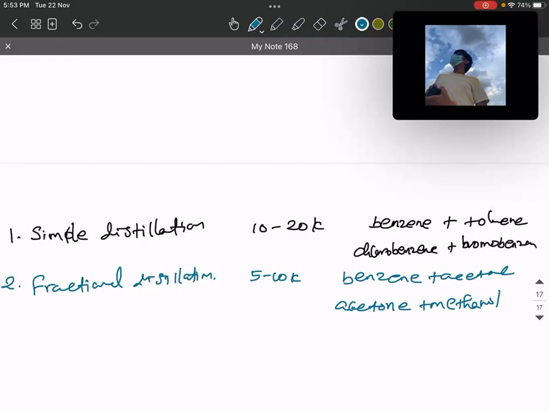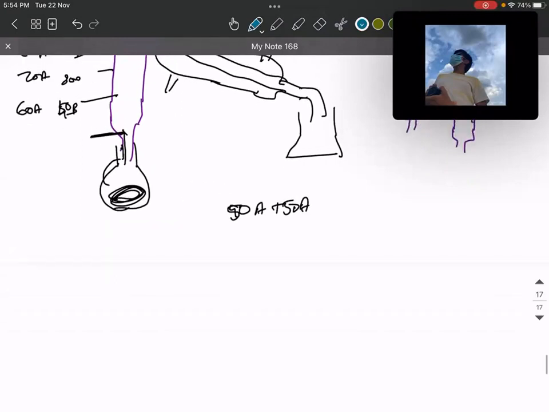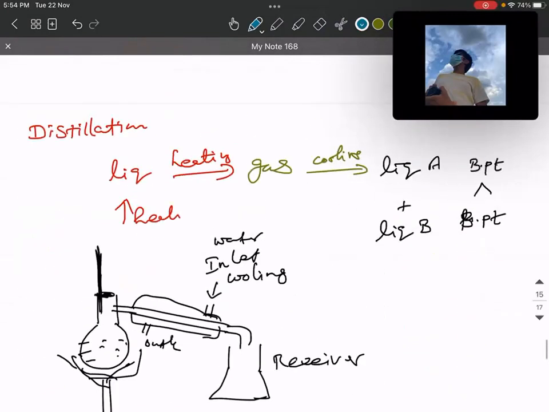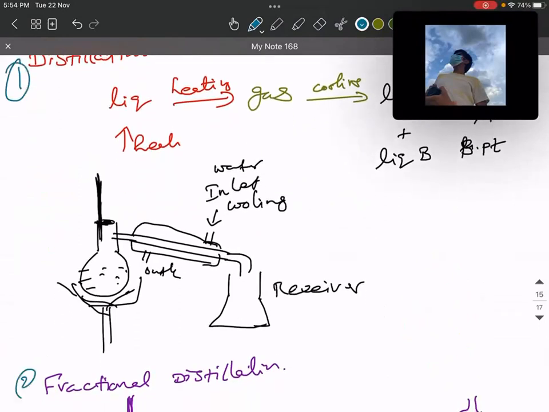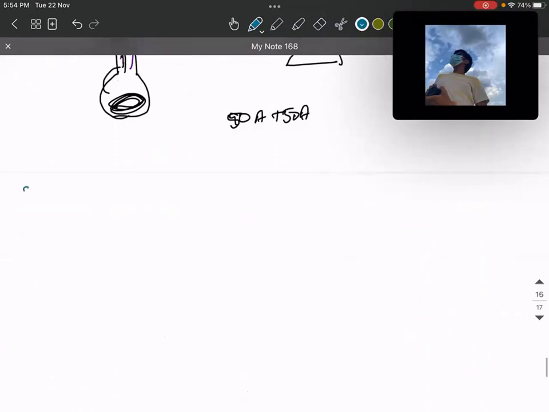And then the next one is vacuum distillation, the third one. In vacuum distillation, suppose some of the compounds will char when you heat them. What can we do?